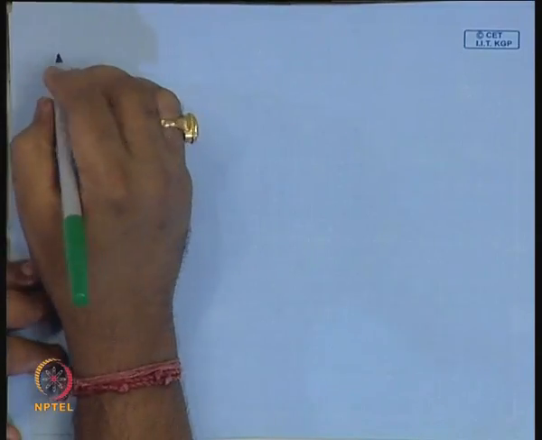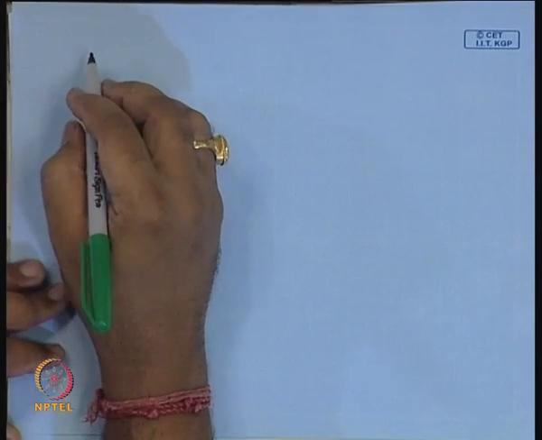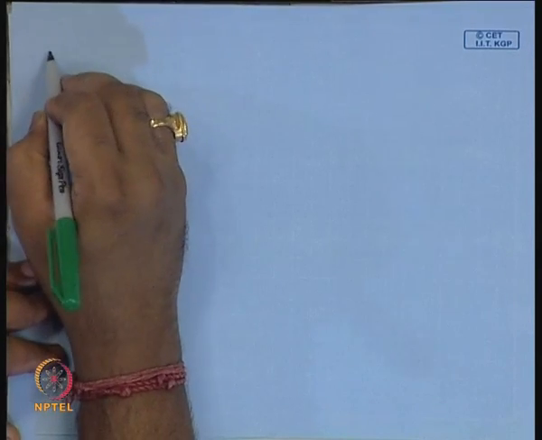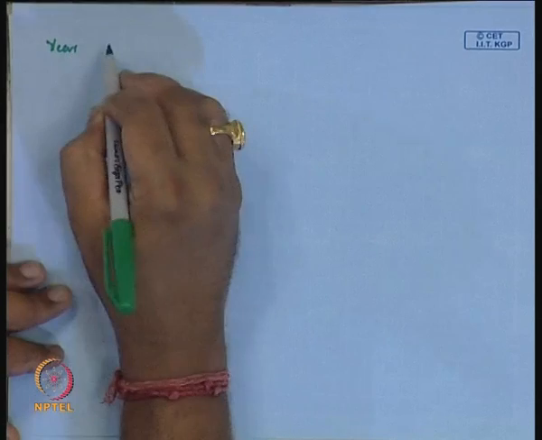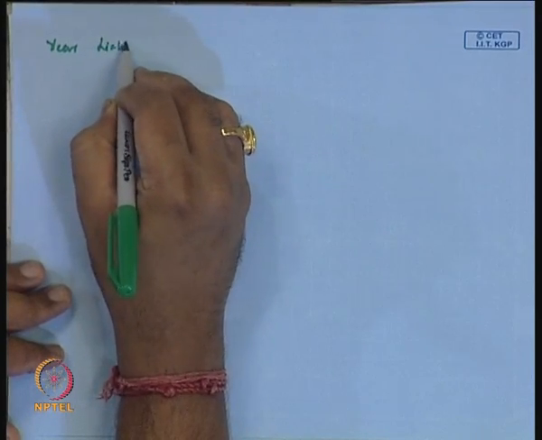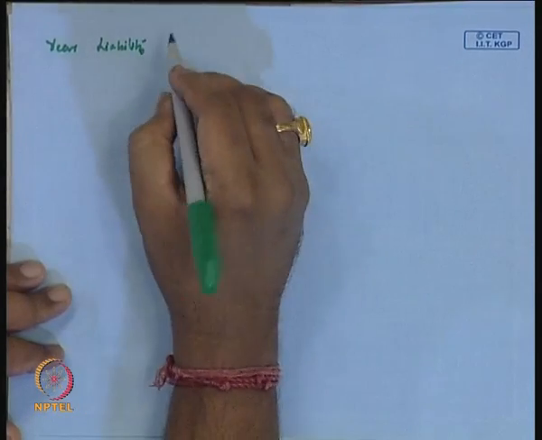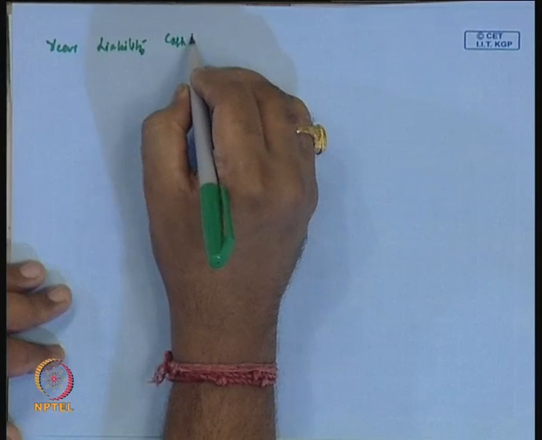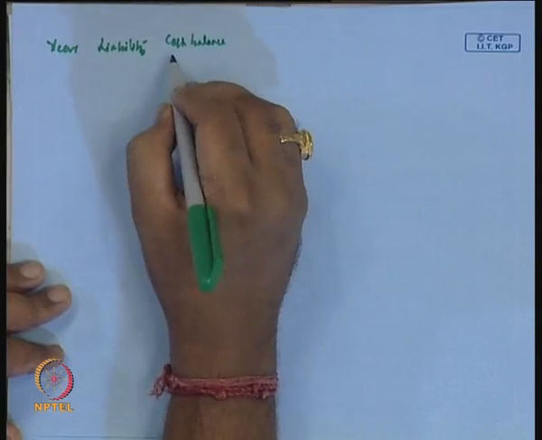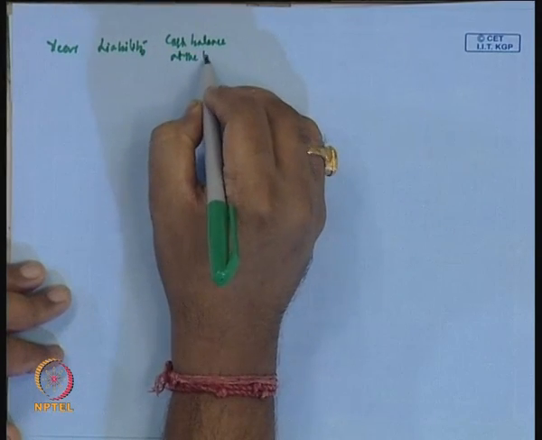Using this data, the liability is already given to you. That means you have the year, your liability, and your cash balance at the beginning.